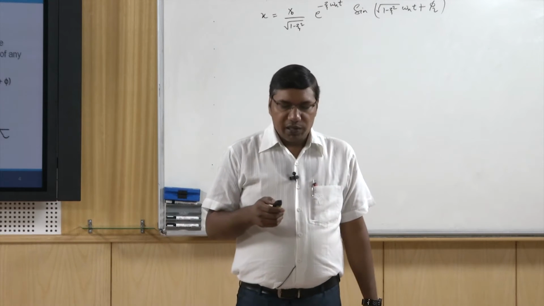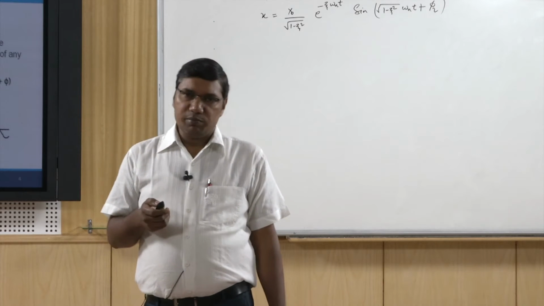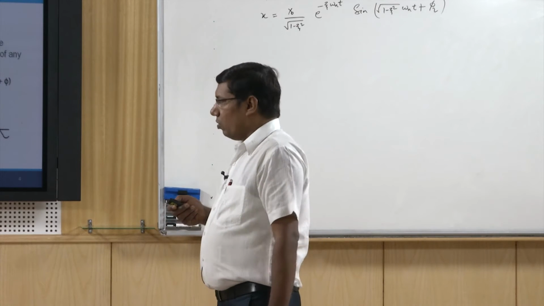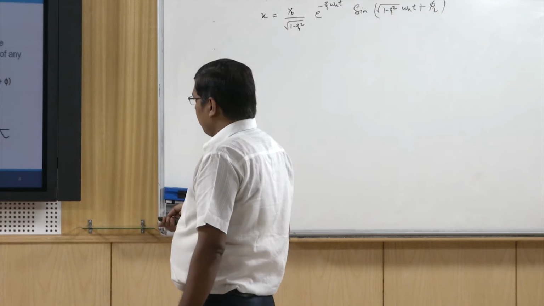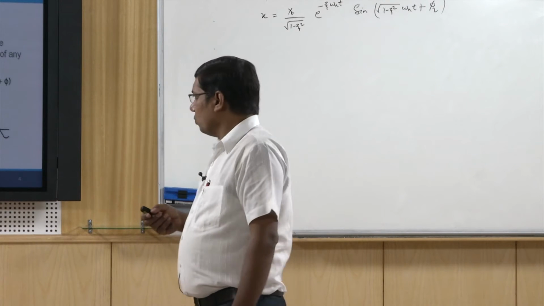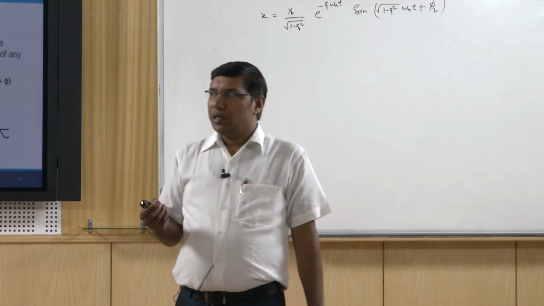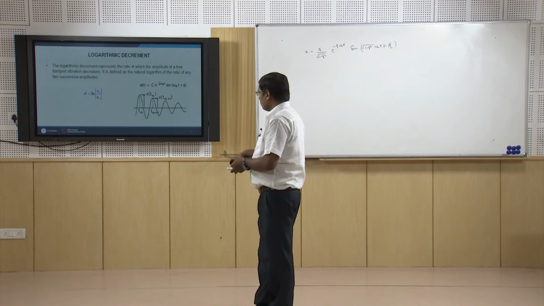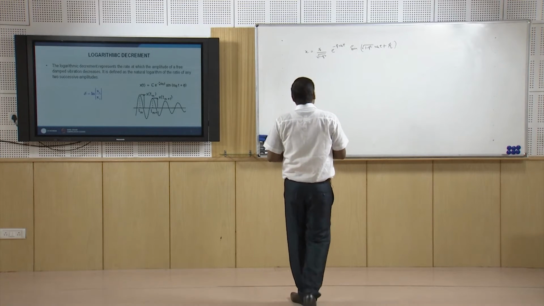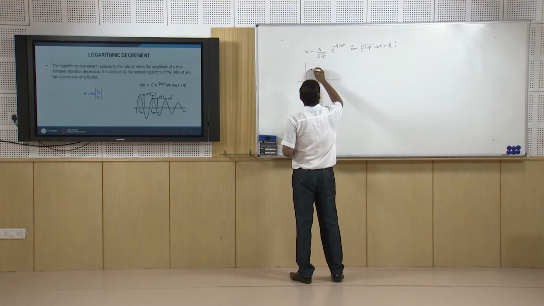It is the natural log of the ratio of two successive amplitudes. So delta equals ln x1 by x2, where x1 is the first amplitude and x2 is the next amplitude.